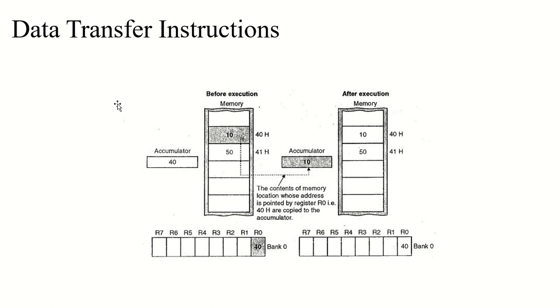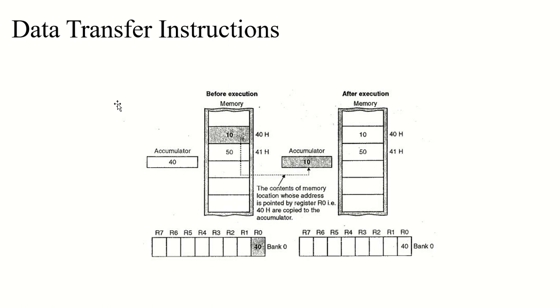So this instruction will copy the content of the memory location whose address is specified in the R0 register of the selected bank to the accumulator. I'm repeating, the instruction will copy the content of the memory location whose address is specified in the R0 register of the selected bank to the accumulator.